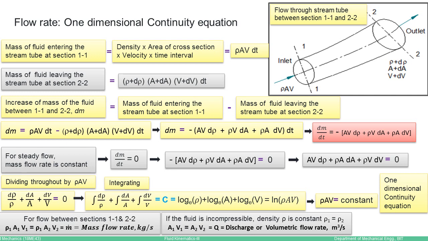If this equation is to be applied between sections 1 and 2, then since rho A V is constant, rho 1 A1 V1 should be equal to rho 2 A2 V2, which is called the mass flow rate m dot, expressed in kg per second.